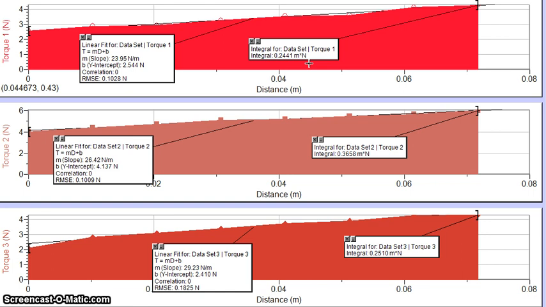For the first one, our equation is torque equals 23.95 newtons times meters times the arc length when the spring is pulled 180 degrees, or pi radians, which is 0.185. So 23.95 times 0.185 gives us 4.43 newtons. That means for the first mousetrap car, when the spring was pulled 180 degrees, there was a force of 4.43 newtons. That's how much force was in the spring.